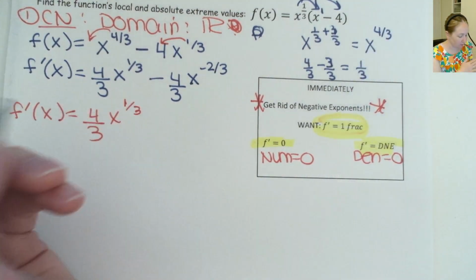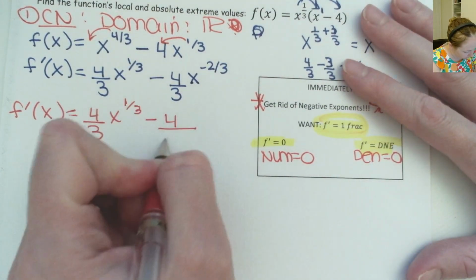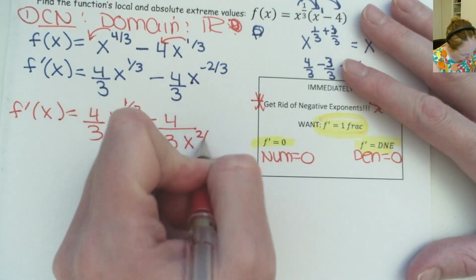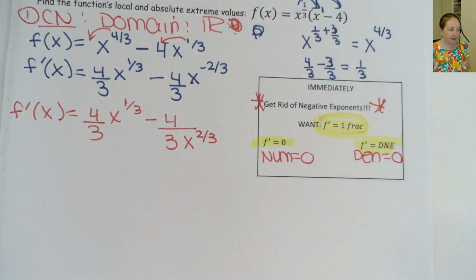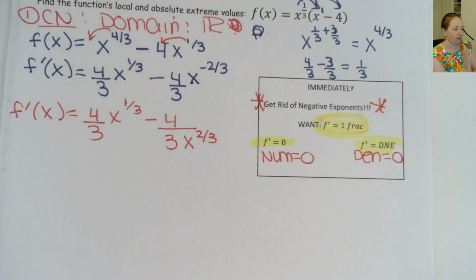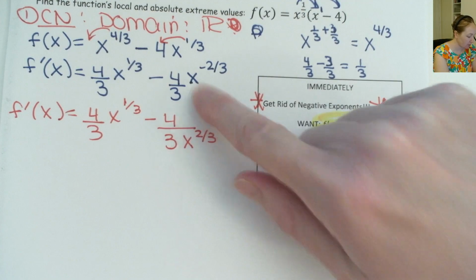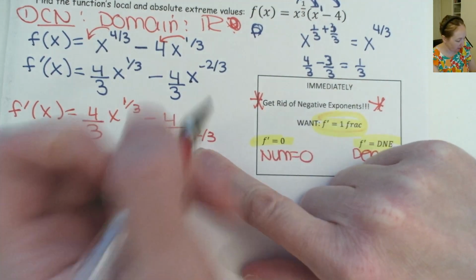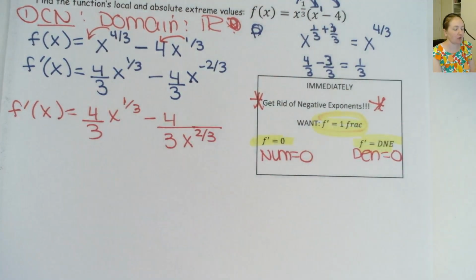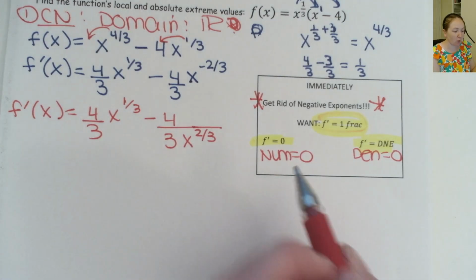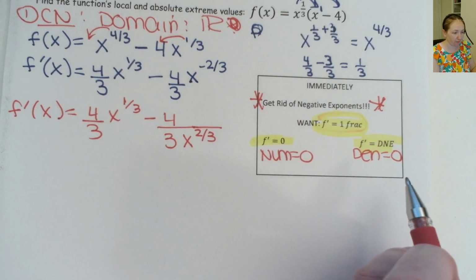I'm just going to say, okay, let's move that negative exponent. So I've moved the x to the negative 2/3 down into the denominator to make it into a positive 2/3. Now, my goal is to get just one numerator and one denominator.